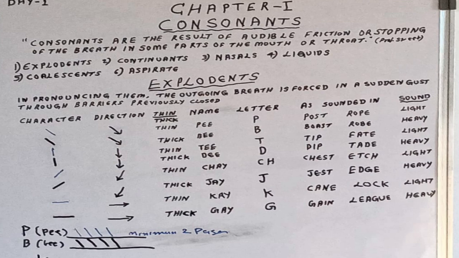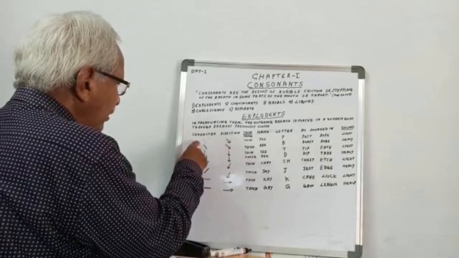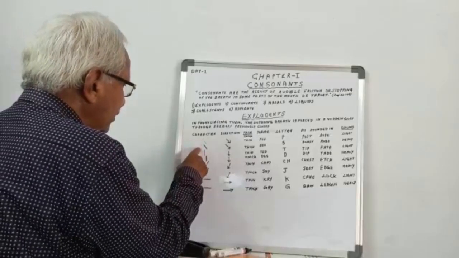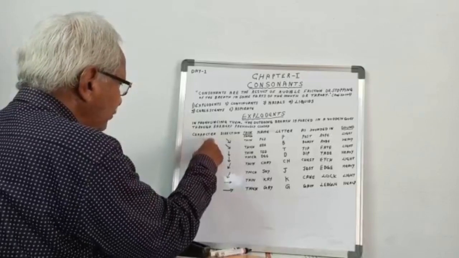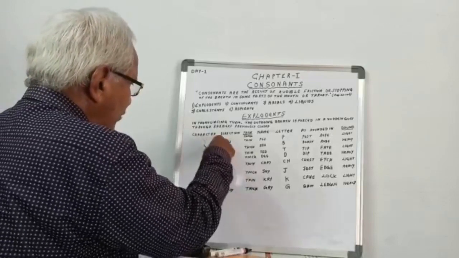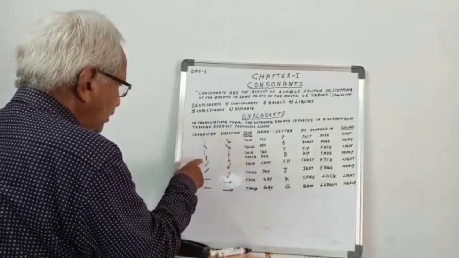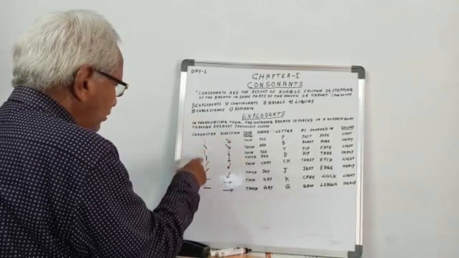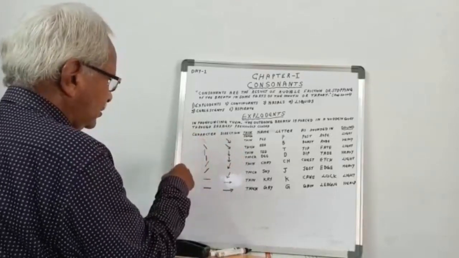K, these are horizontal strokes. K is light, G is heavy. So in these pairs, P is light, B is heavy. These are downward strokes from left to right. T, D, these are downward straight strokes.